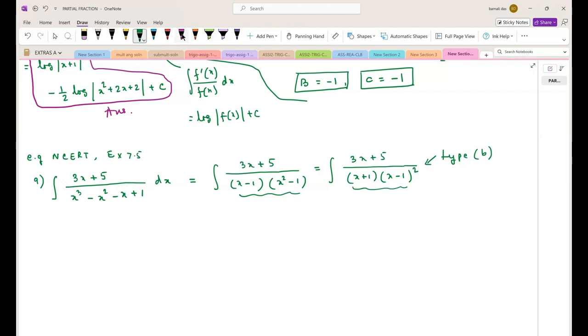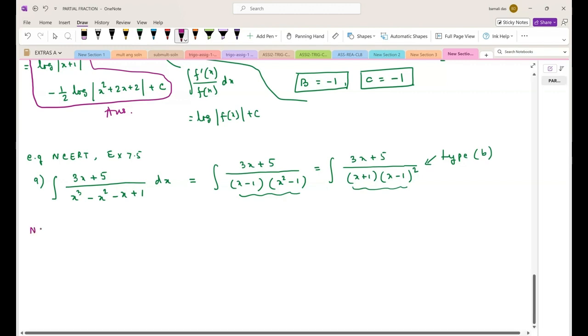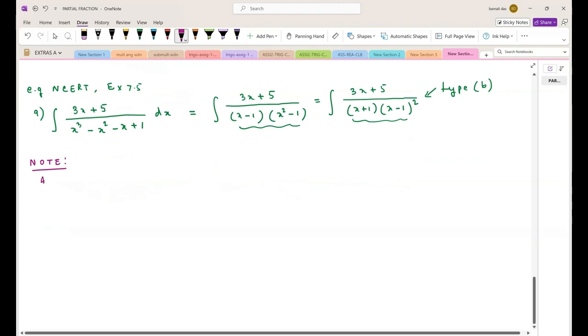Now, if we had a repetition here, so let me add it like this. I'm not taking any particular sum, just taking the denominator. Say your qx is like this: x plus 1, then x minus 1 whole square, and then you have, say, x square plus x minus 2.